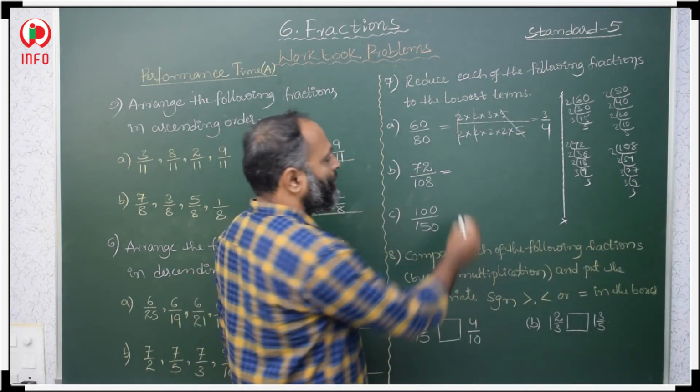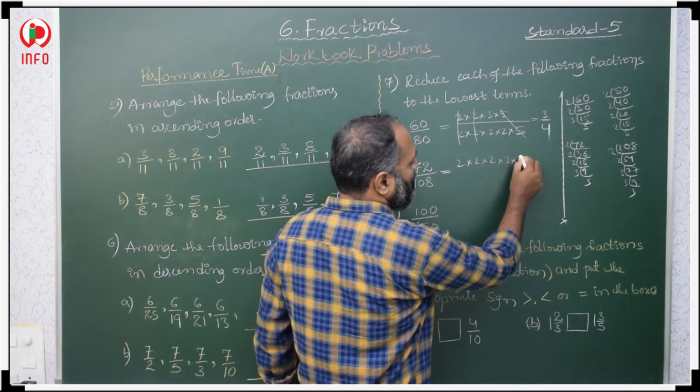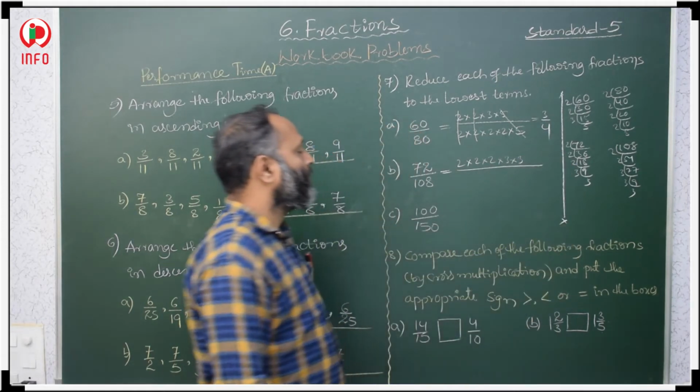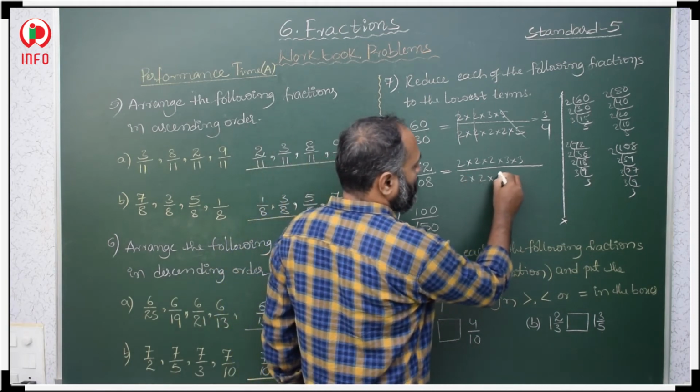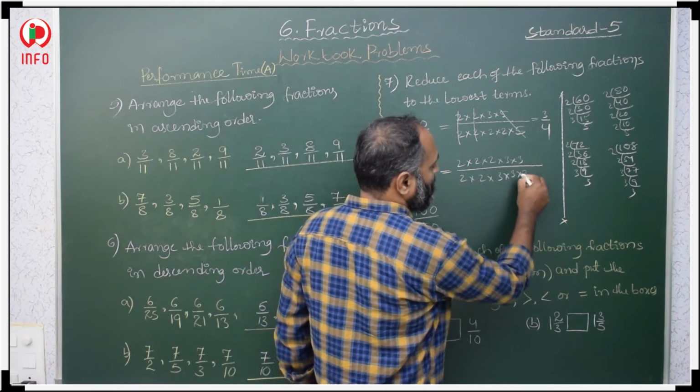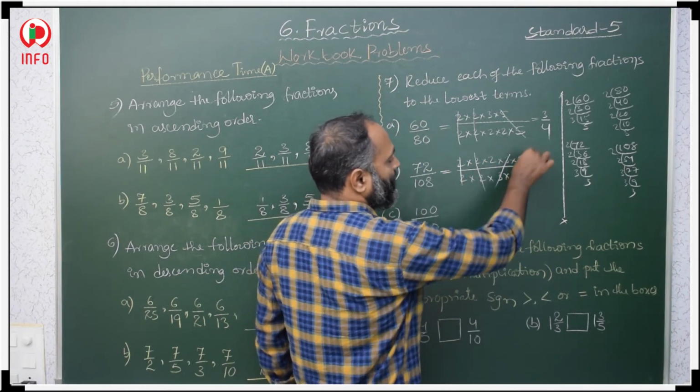How many 2's? 2 into 2 into 2 into 3 into 3. For 108, how many 2's? 2 2's and 3 3's. 1 2 gets cancelled, 1 2 gets cancelled, 1 3 gets cancelled, 1 3 gets cancelled.